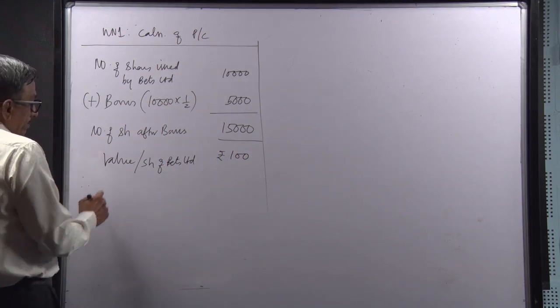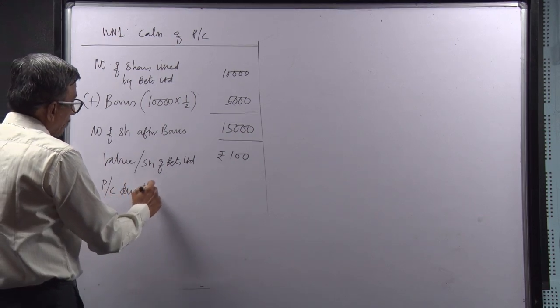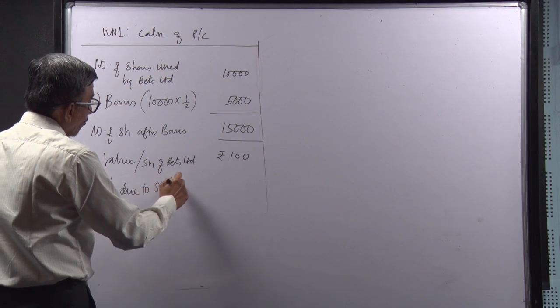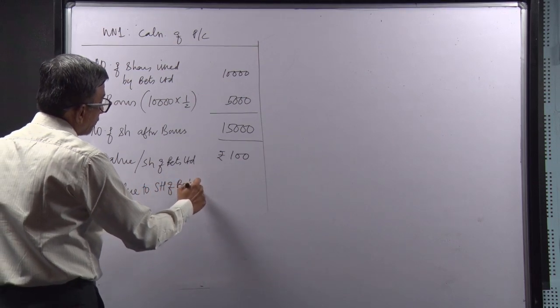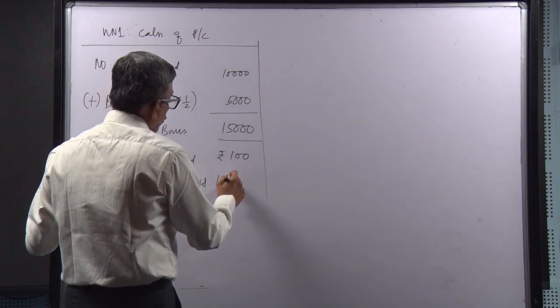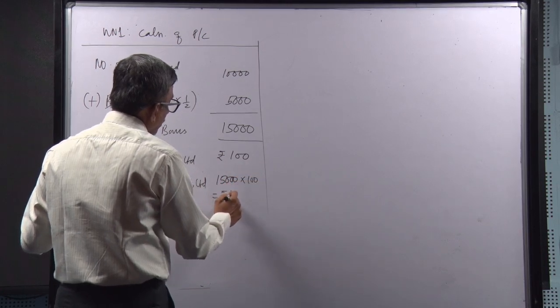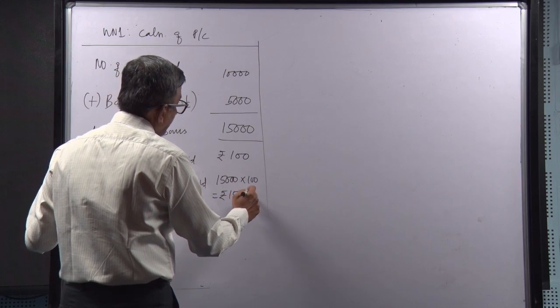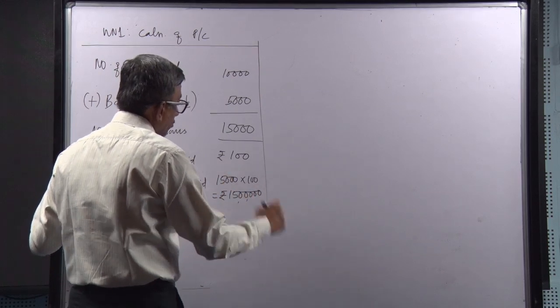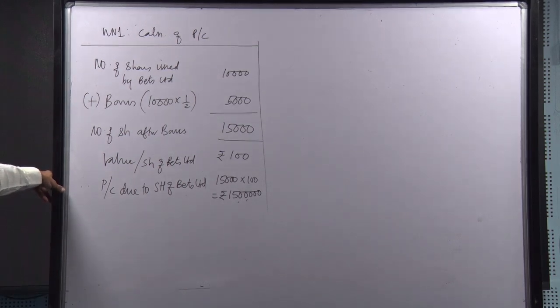Therefore, purchase consideration due to shareholders of Bets Limited will be 15,000 into 100, that is equal to rupees 15 lakhs. If one share is 100 rupees and there are 15,000 shares of Bets Limited, totally you have to pay them 15 lakh rupees.